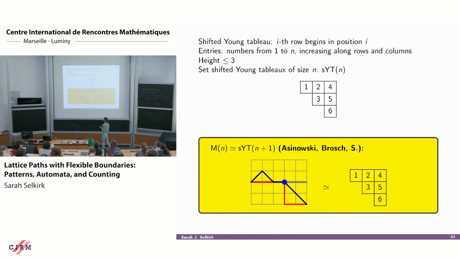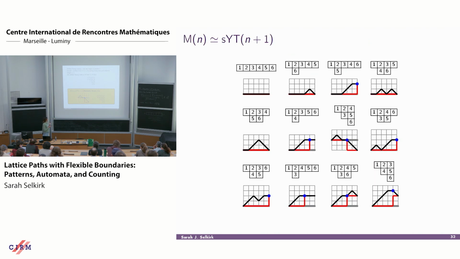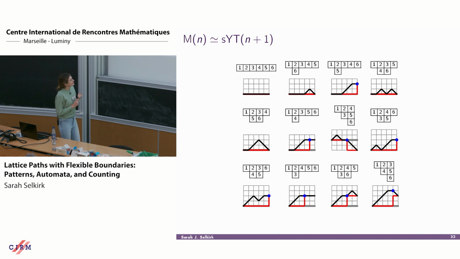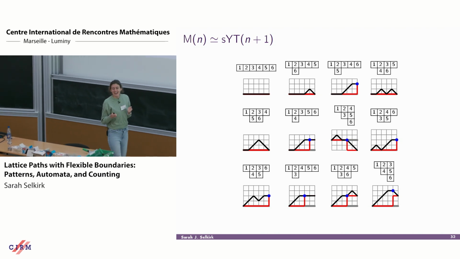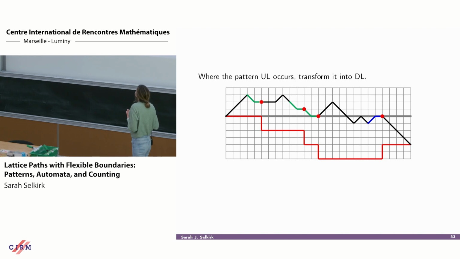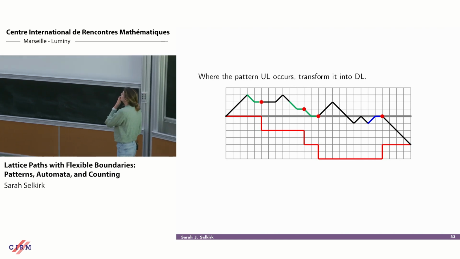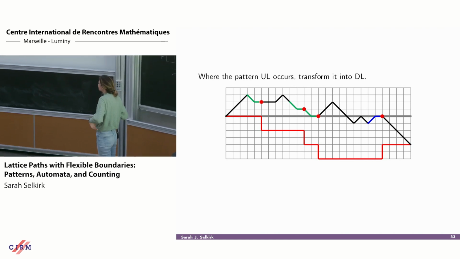And we're going to claim that there's a bijection between these Motzkin paths of length n and these shifted Young tableaux with n+1 entries. Okay, so there's what they look like. A bit strange looking, but oh well. Good. So we will just demonstrate the bijection.